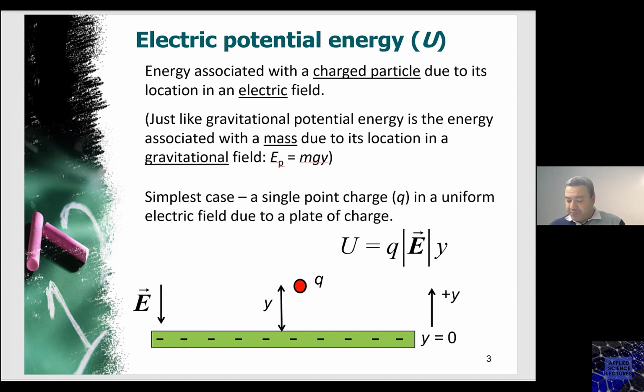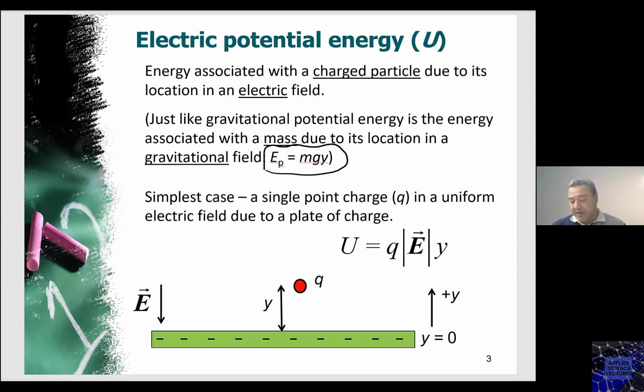So we've seen that the gravitational potential energy for any object is basically a function of the mass, gravity, and how far this object is from the ground. The same thing here, but this time we are dealing with charges.